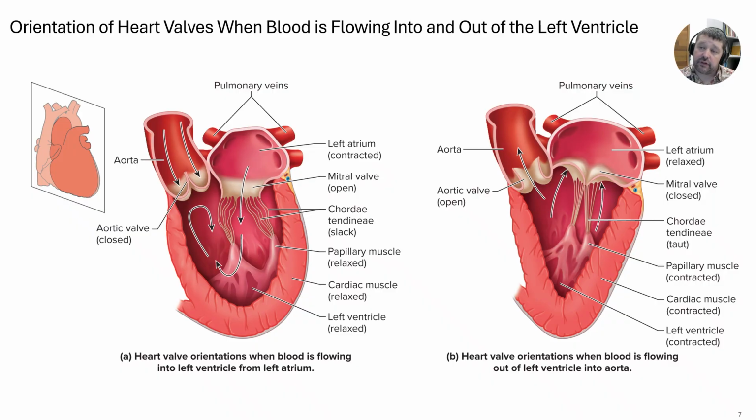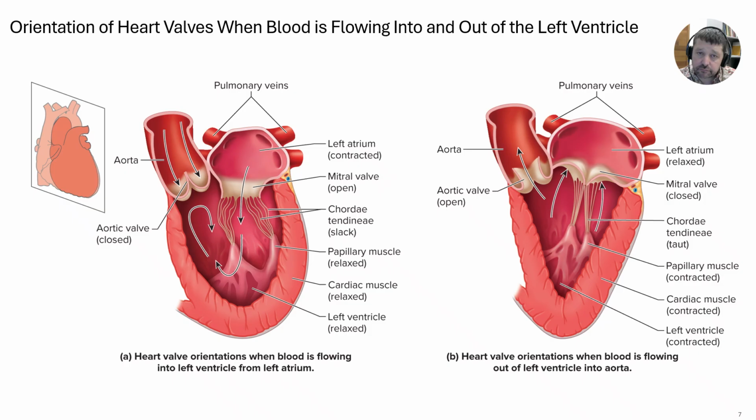And when we're talking about the left side, we're dealing with oxygenated blood. What this picture is showing you is just the left side of the heart and how the different valves are controlled when materials are coming into the heart and leaving the heart.